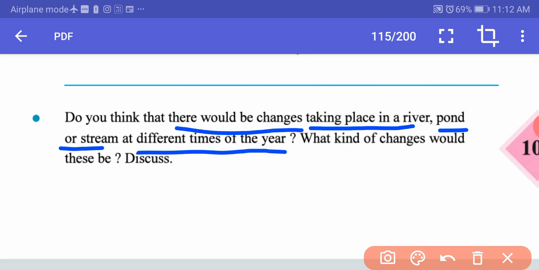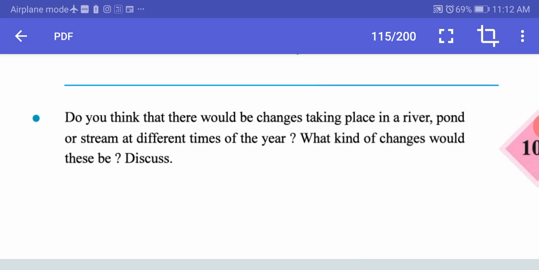Here is a question, do you think there would be changes taking place in river, pond or stream at different times of the year? What kind of changes would these be? Discuss. Now changes means the level of water is changing. For example, during the summer season, the level of water is going down. Why? Because the water is getting evaporated due to the heat of the sun.